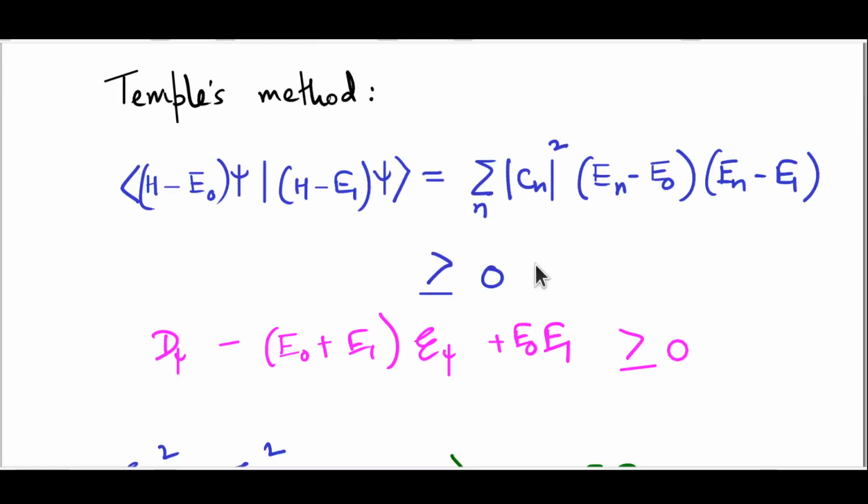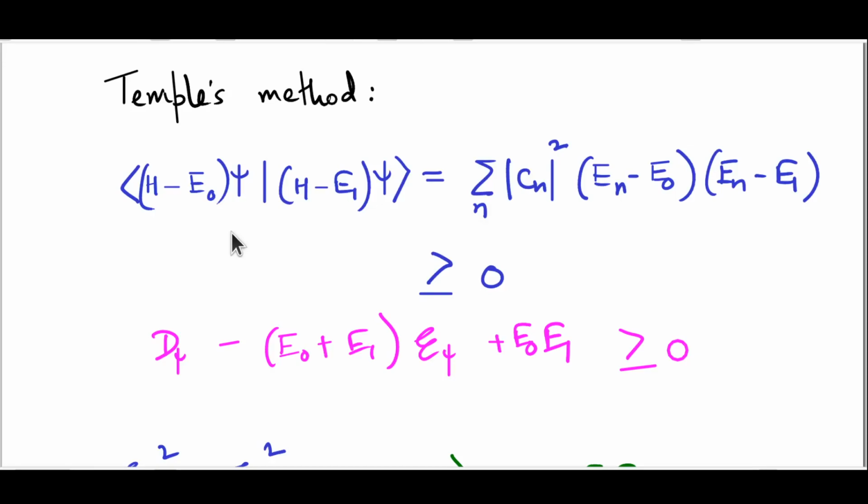Temple's method hinges on this particular inequality that you have on your screen right now. What we are doing is taking the kets (H minus E1) psi and (H minus E0) psi, where E0 and E1 are the ground state and the first excited state eigenvalues, the actual eigenvalues for the system, and taking the overlap.